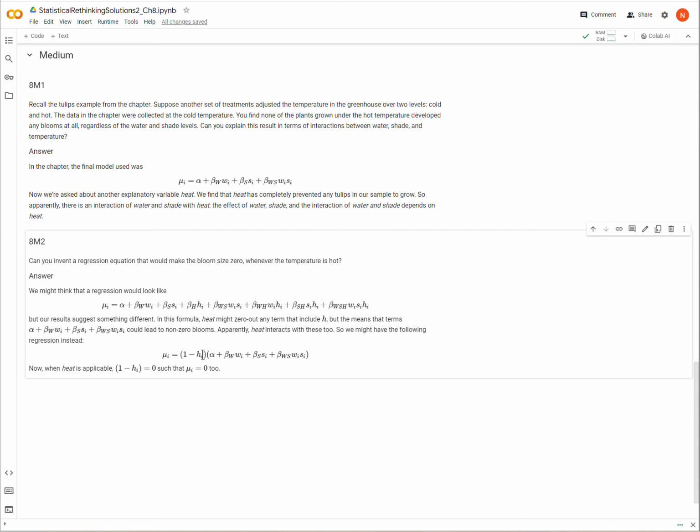Well, then if there is heat, right, if the plants are grown in a hot environment, then this is 1 minus 1. That means 0. That means that the whole thing becomes 0 and there's no bloom size, and that's what we're supposed to do. If there is no heat, well, then this becomes 0, so this whole term becomes 1, which is just the original regression, where the plants are grown without heat. Okay, that's it for this.